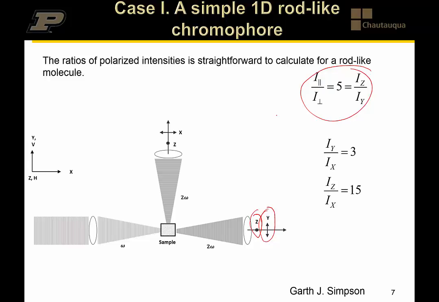We can also compare those with measurements at 90 degrees relative to the transmission direction. It's a little trickier because now we have separate detectors, so we have to make sure they're carefully calibrated. In that case we'd expect a 15-to-1 ratio between the transmitted Z-polarized component and the X-polarized component of the 90-degree scattering field.